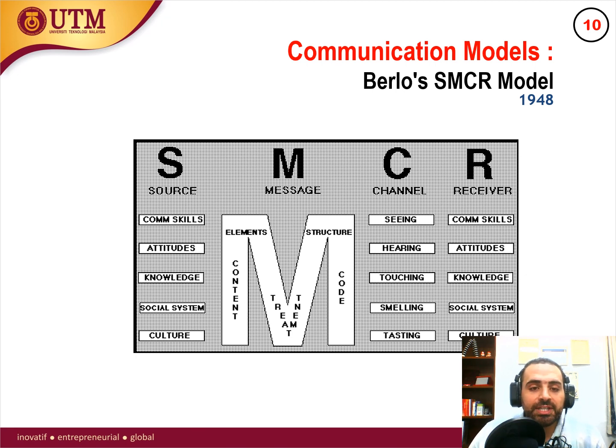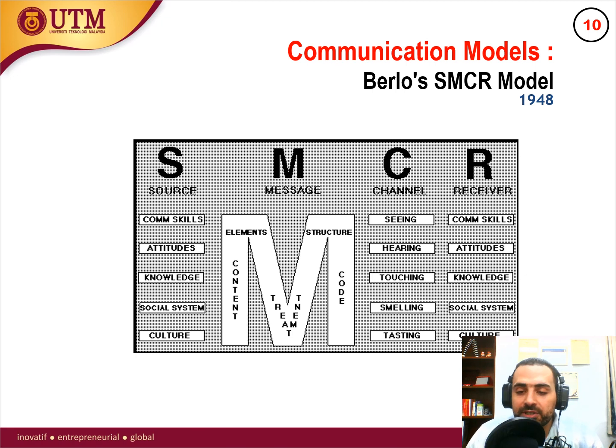So the source, whether it's attitudes, knowledge, culture, any information that has to be transferred. And then the message, for example, the structure of the culture, the elements of the knowledge and social and so on. And then this message needs to be transferred through a channel. This channel could be seeing, hearing, touching, smelling, tasting, whatsoever.